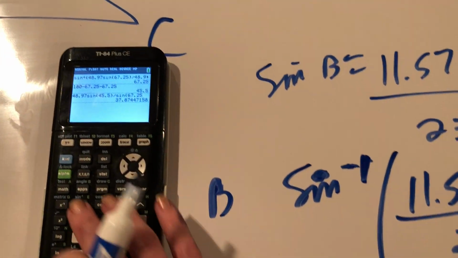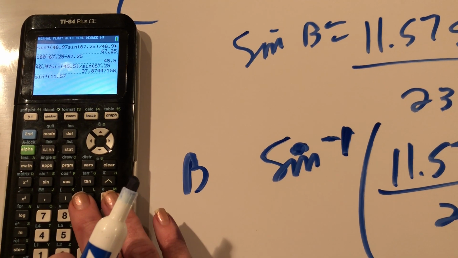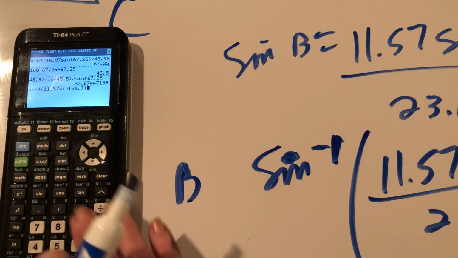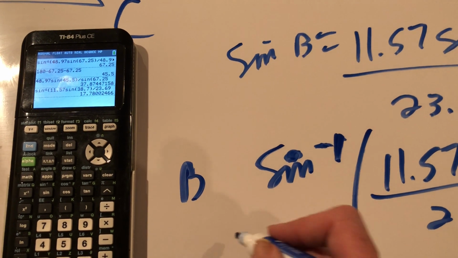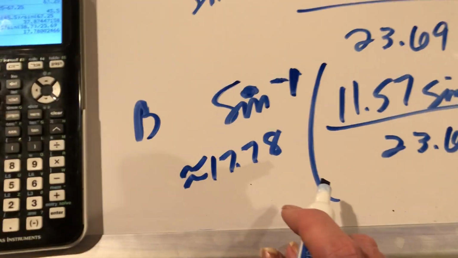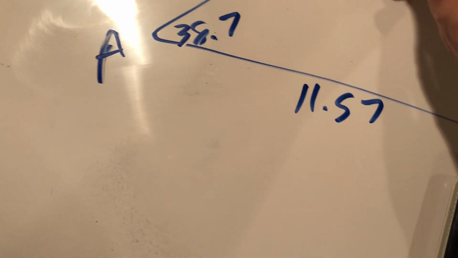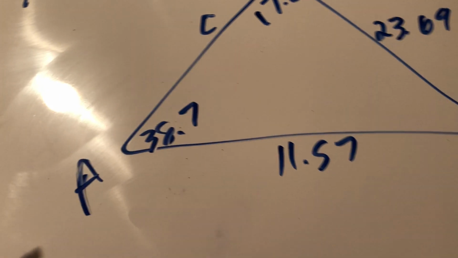So inverse sine of 11.57 sine 38.7 divided by 23.69 gives us about 17.78. This is B, so round it to the nearest tenth because that's what A is in. So 17.8.